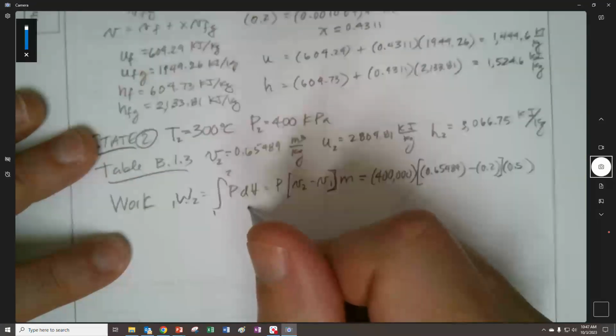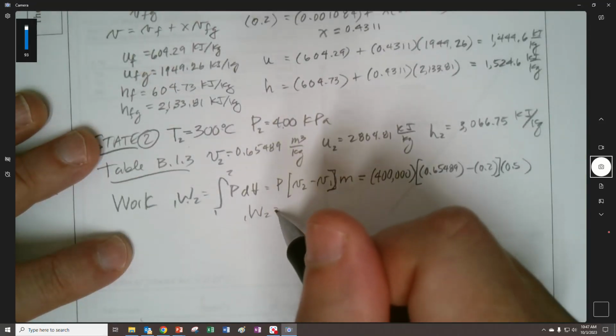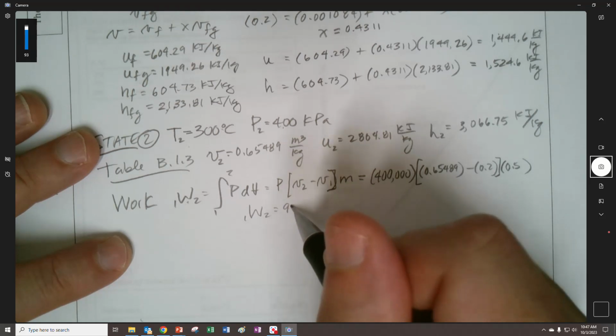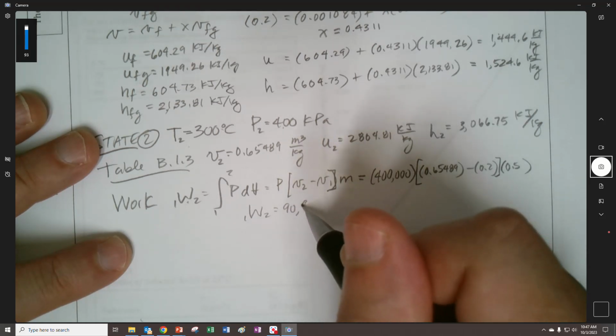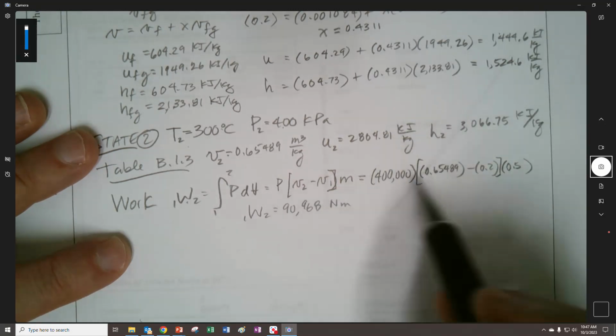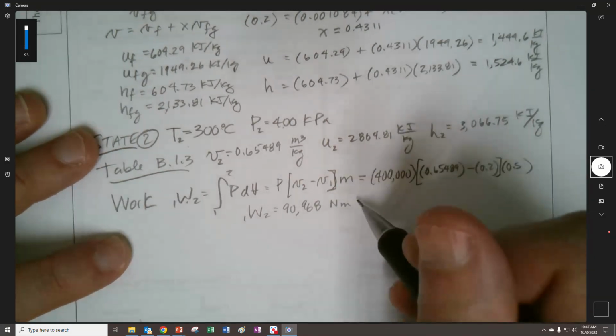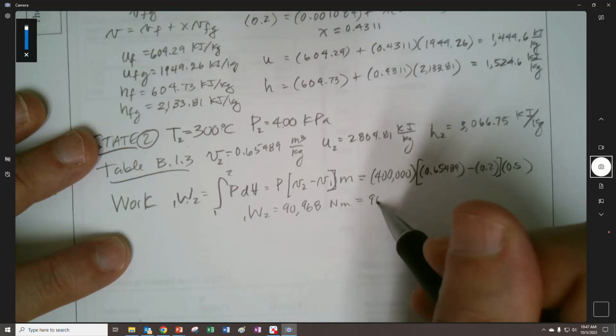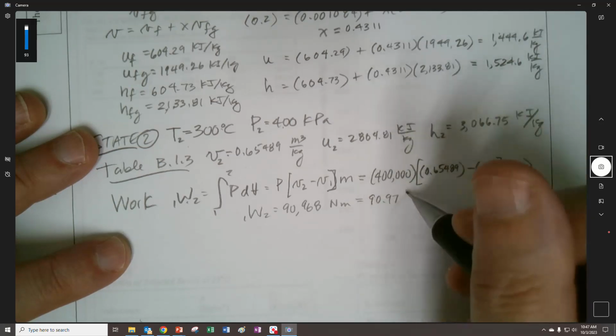And so for work between 1 and 2, we get 90,968, which is a newton meter, just the way that works out, which is also 90.97 kilojoules.